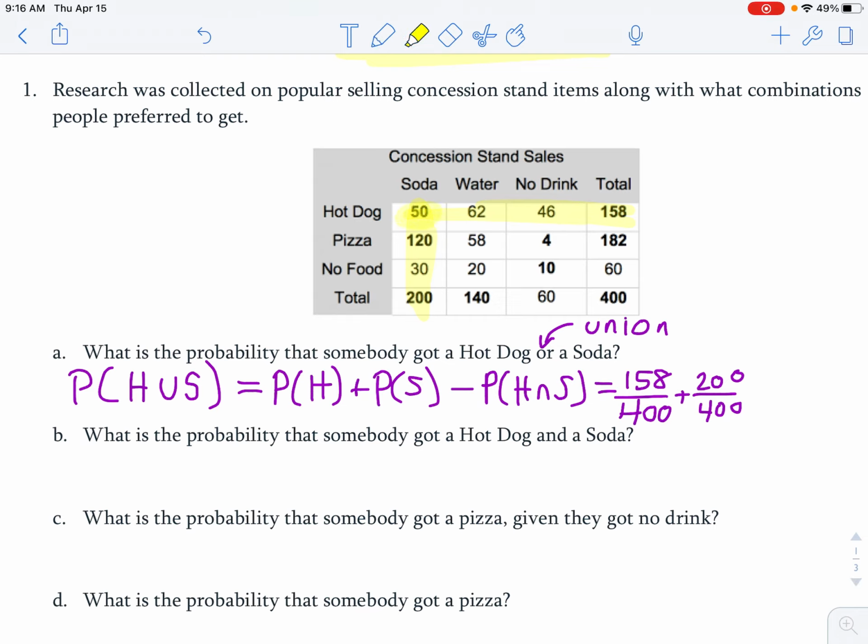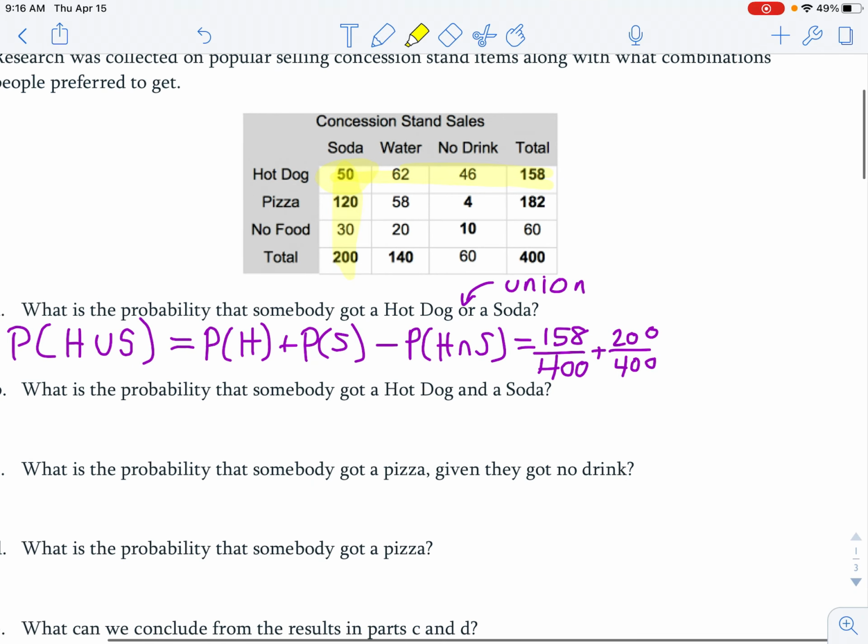But can you see that we counted this 50? This 50 for hot dog and soda was included in both. So we've got to subtract 50 because we double counted that, so minus 50 over 400. Then you just compute the number. It's going to be over 400. Remember, when you add and subtract fractions, you keep the denominator.